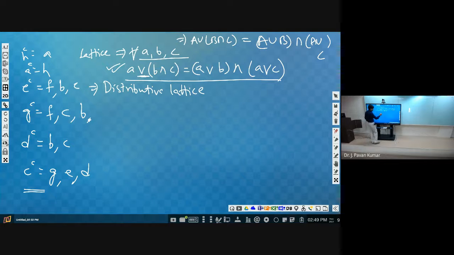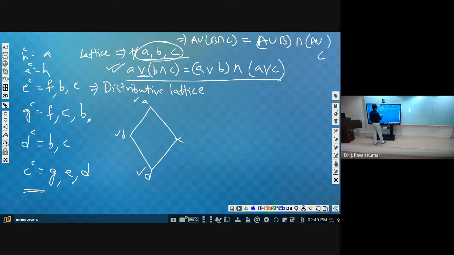For example, let us consider a simple thing: A, B, C, D. Now, any three elements you take, A, B, D, you consider as A, B, C now. Or you consider A, B, C only for prior understanding.